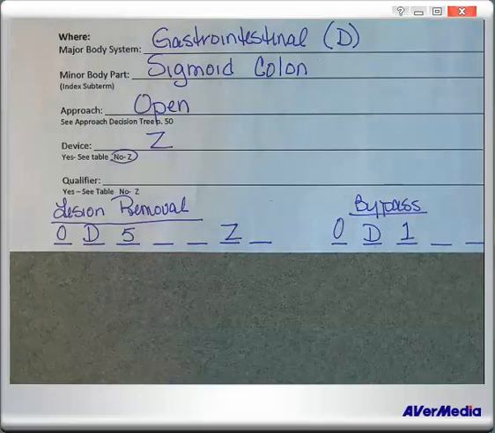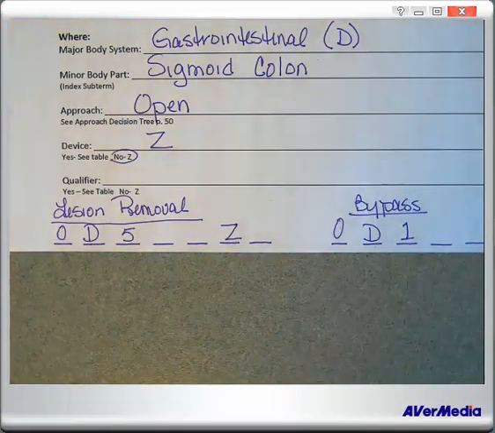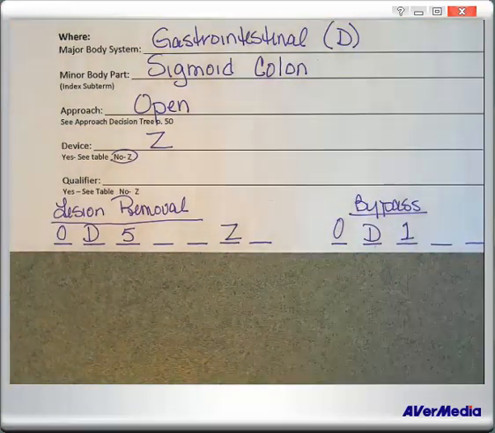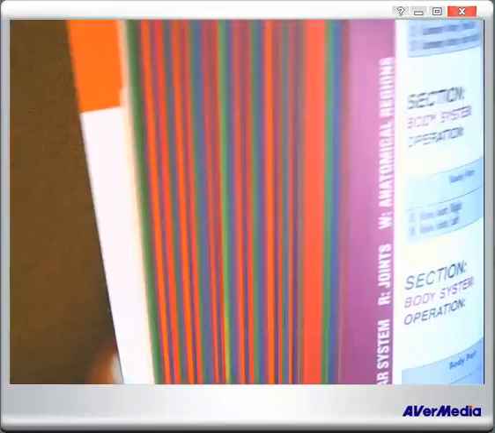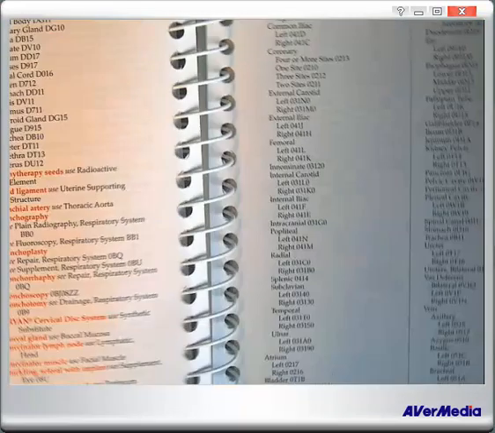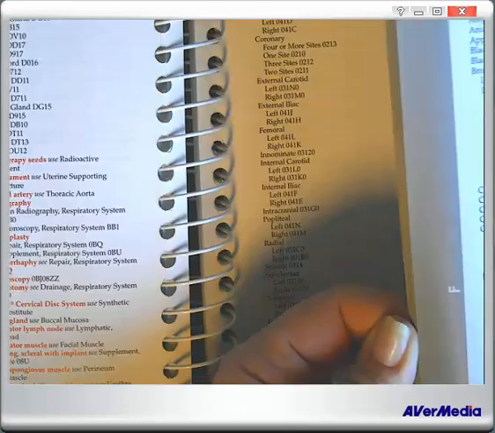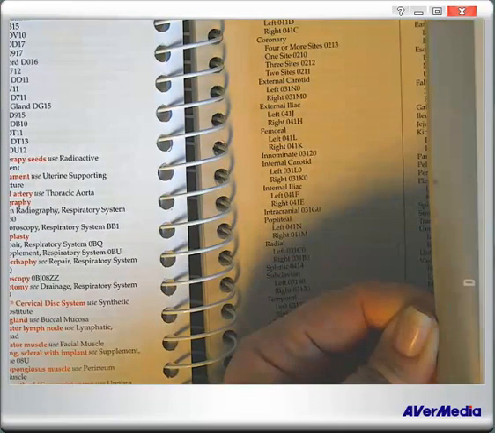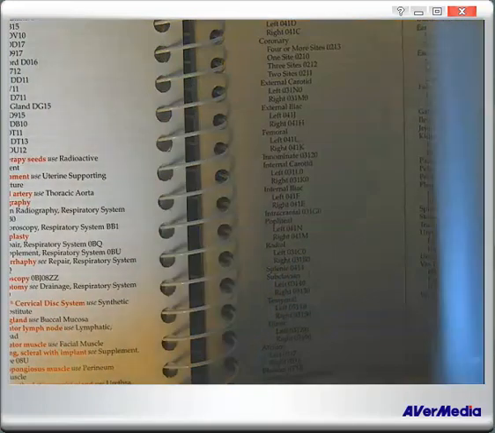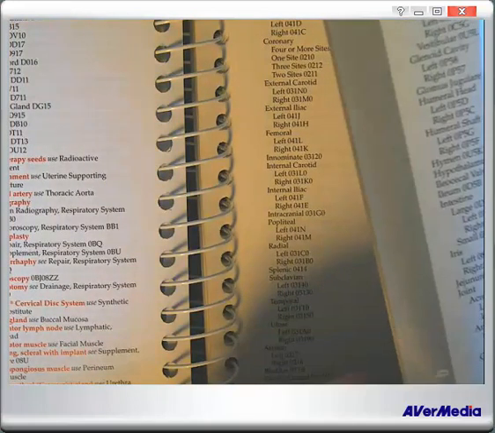So that means now we start to dig into our code book. So let's start with the destruction. We're going to look that up first. Okay.